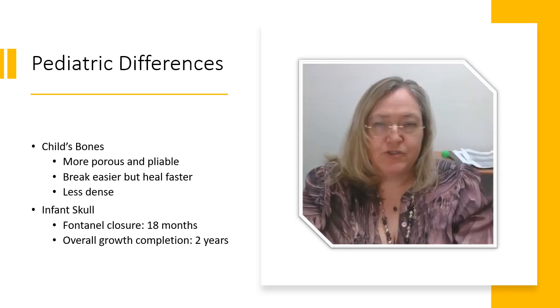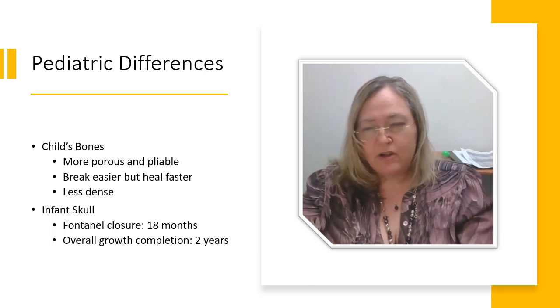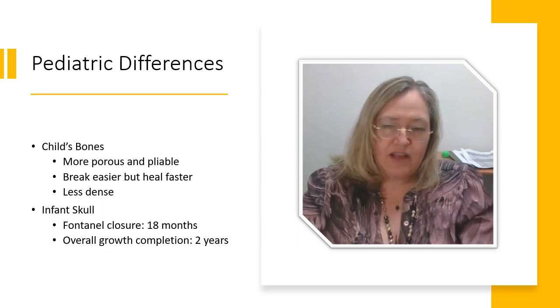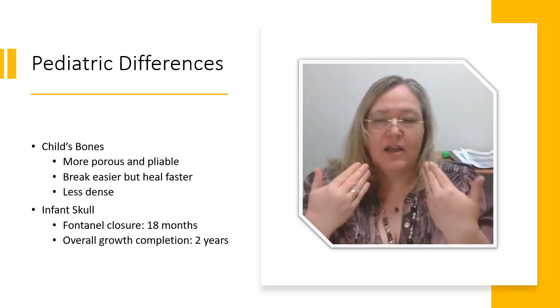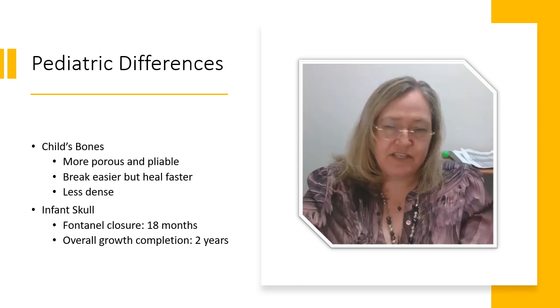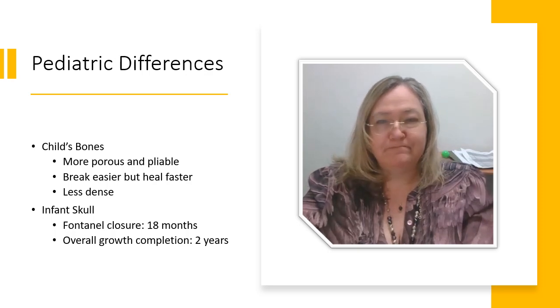Some of the major suture lines in the infant skull that we usually think of are the large suture that goes down the center. That does close by 2 years of age, but as I said before, the ones in the jaw area do grow in order to accommodate, for example, more adult teeth and the overall growth of the head.